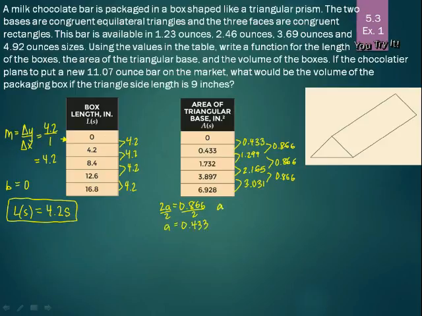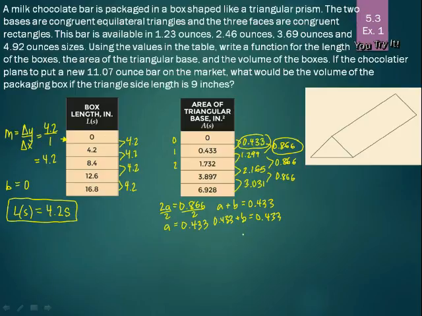Then to find b, we know a plus b equals the first difference between x equals 0 and x equals 1, or in this case s equals 0 and s equals 1, which would be these first two rows. The first difference is going to be 433 thousandths. The a we found was 433 thousandths, so a plus b equals 433 thousandths.